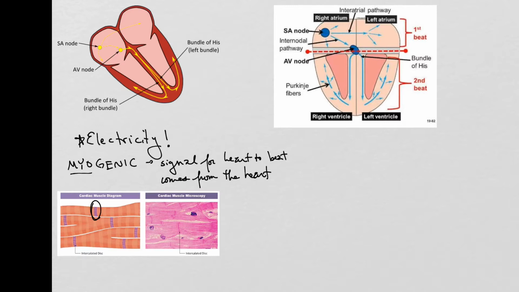So your heart knows how to beat consistently because it has special cells that are referred to as pacemakers. And these pacemaker cells control and coordinate the contraction of the muscle cells.